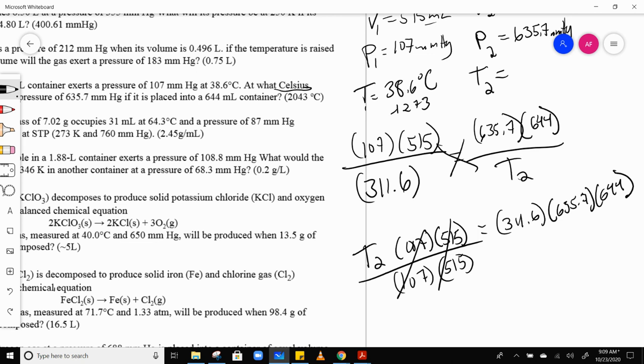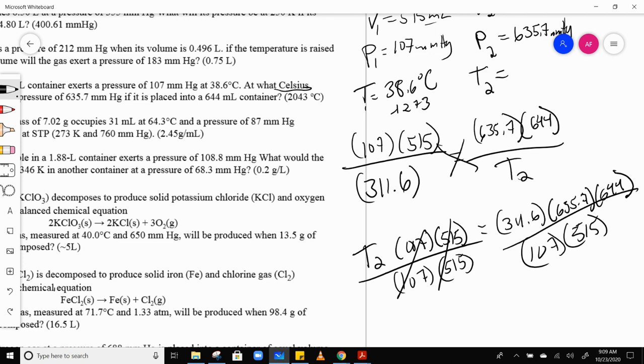If we do it to this side, we have to do it to this side. Okay, so let's do that math. 311.6 times 635.7 times 644 divided by 107 divided by 515.